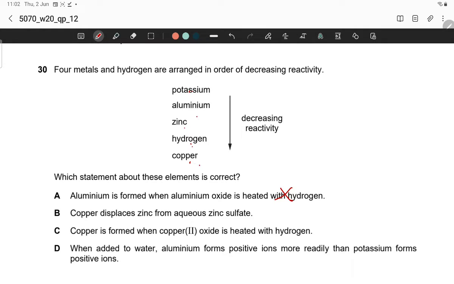No, copper is less reactive than zinc, so it cannot displace it, so it is also incorrect. Copper is formed when copper(II) oxide is heated with hydrogen. Yes, this is correct, because hydrogen is above copper, so hydrogen can displace copper from copper oxide: CuO plus H2 forms Cu plus water. C option is correct.